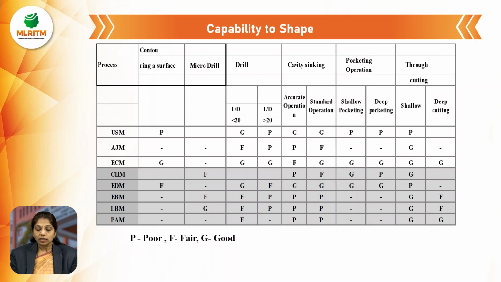What is it good for? It is good only for drilling with L/D ratios, like a minimum diameter of 20. It can be easily drilled using ultrasonic machining. Similarly, it can be used for cavity sinking also. Ultrasonic machining is very good for accurate operations and standard operations also. And this technique is very poor for shallow pocketing and deep pocketing. That can be done with laser and electron beam techniques.